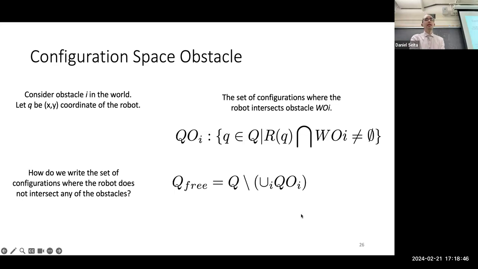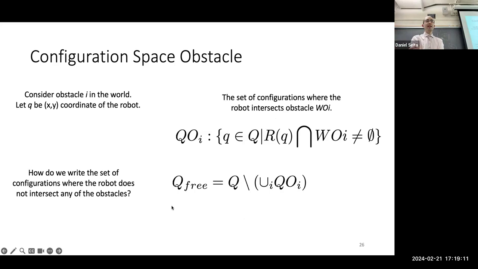So we get Q_free, which is the set of all possible 2D points such that it's not in the union of all the sets of configurations where the robot intersects any obstacle.